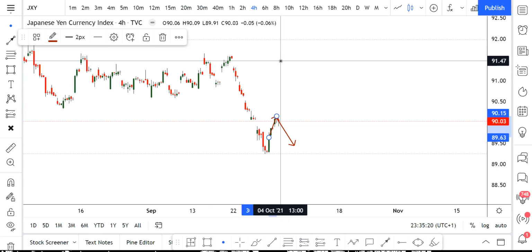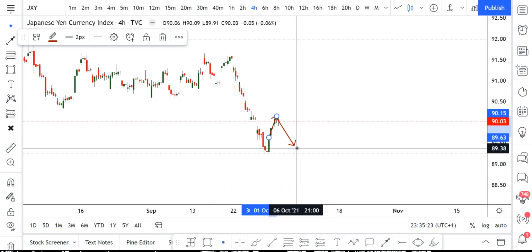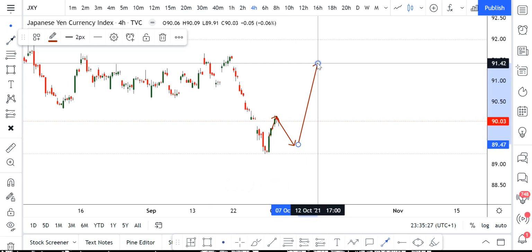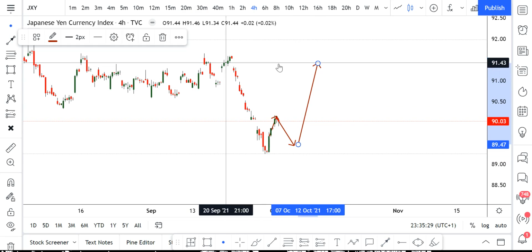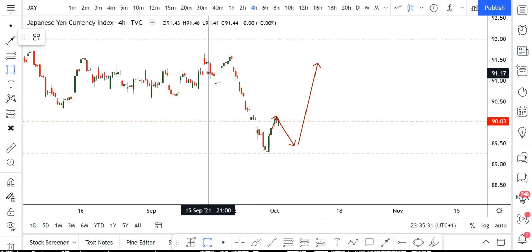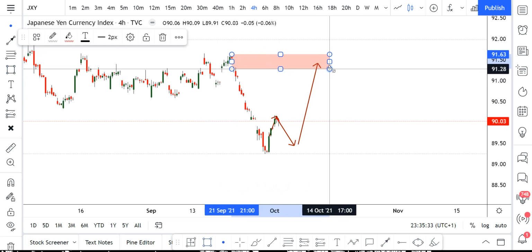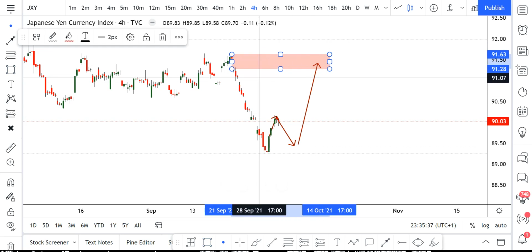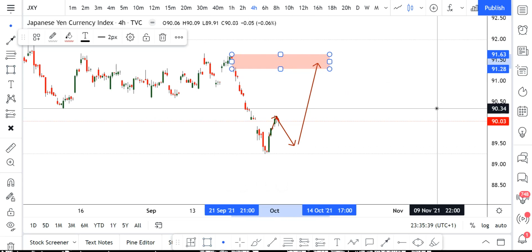I mean to say a few retracements to the downside before we move to the upside, tapping into this supply zone here before we know what next price is going to do.